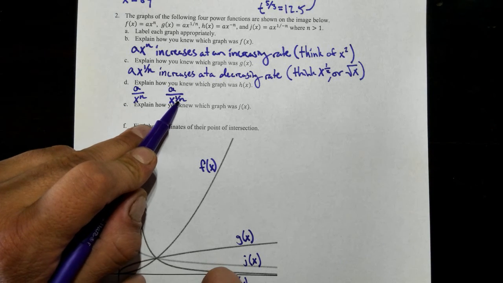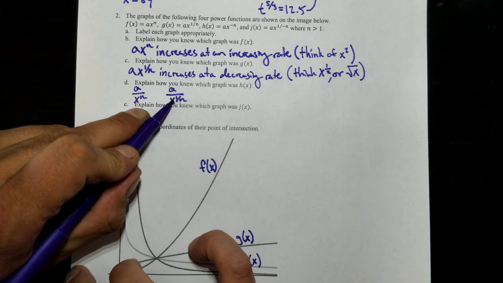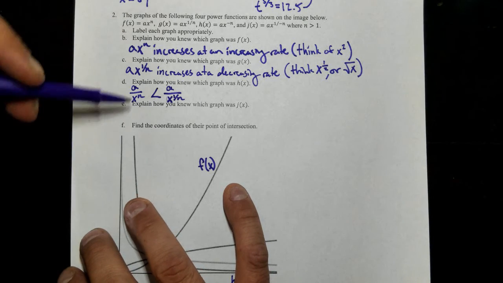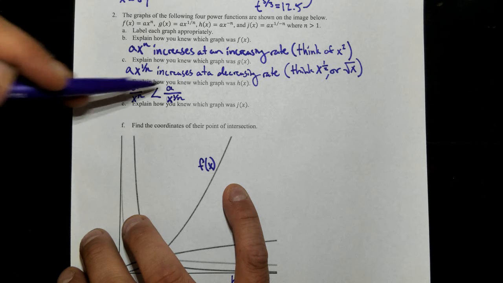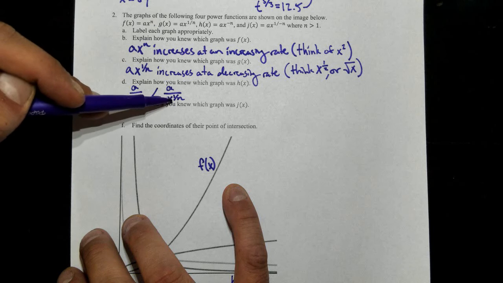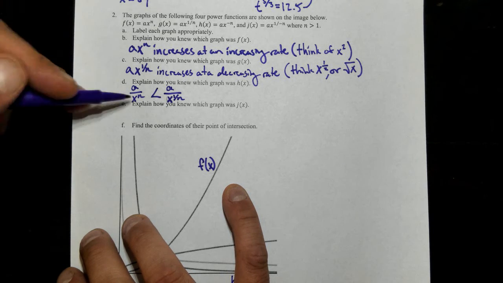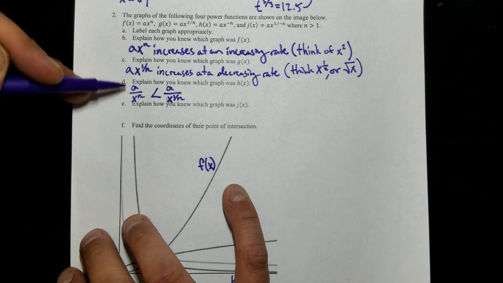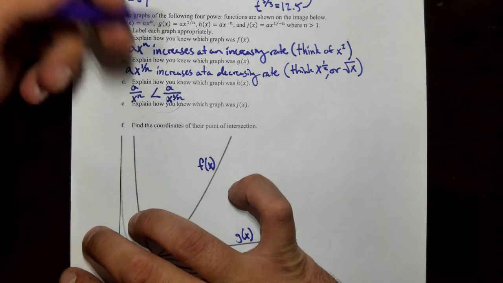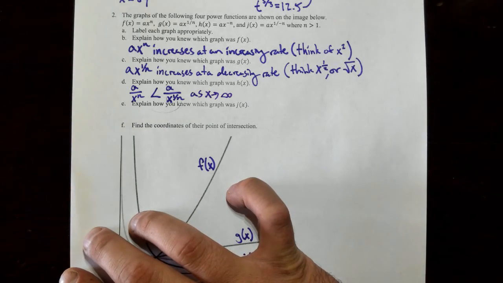Yeah, it does. Because if we have the same number on top and a number that's greater on the bottom than the number on the other side, wouldn't the one with the larger number on the bottom be smaller because it's closer to 0? And yes, that's true. So this happens as x approaches infinity.